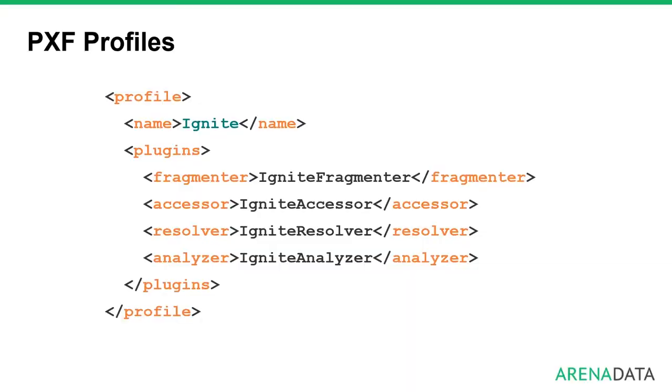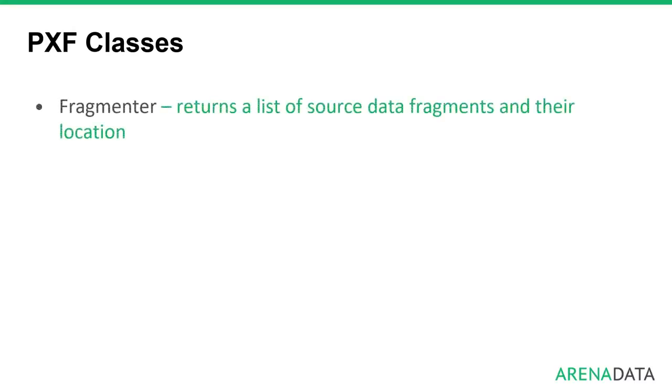The profile is actually a bundle of usually four Java classes. They're called fragmenter, accessor, resolver, and analyzer. The fragmenter just returns the source data fragments.